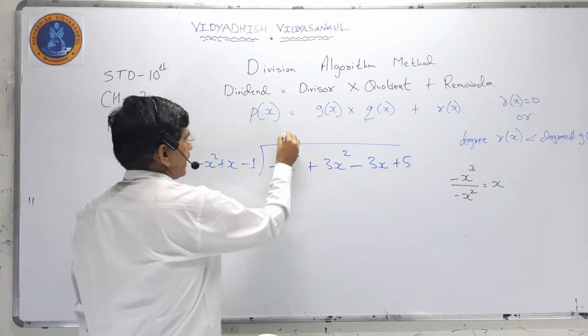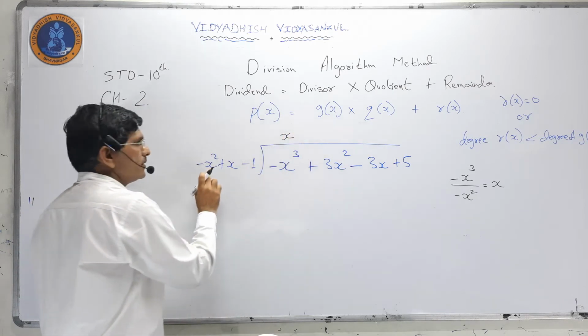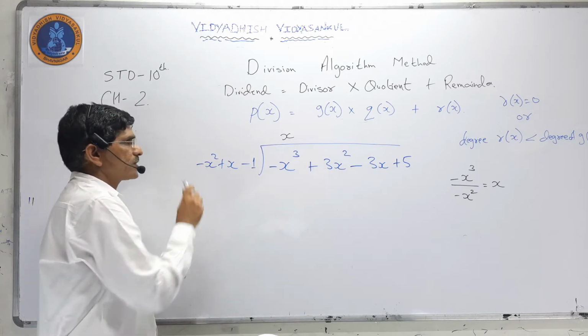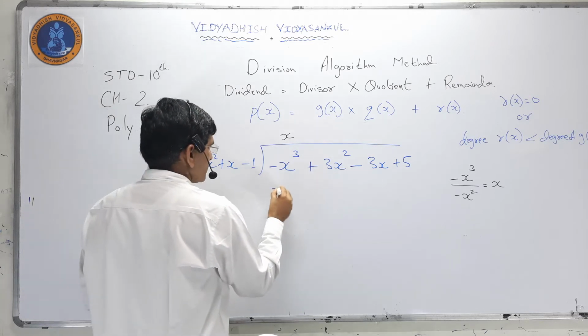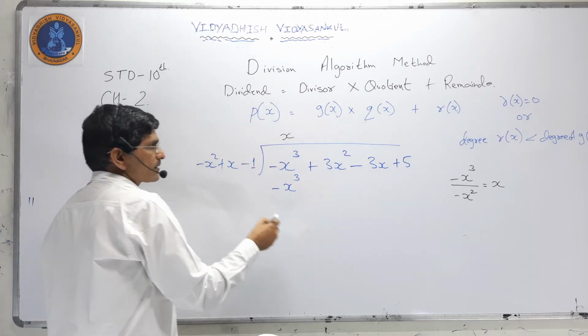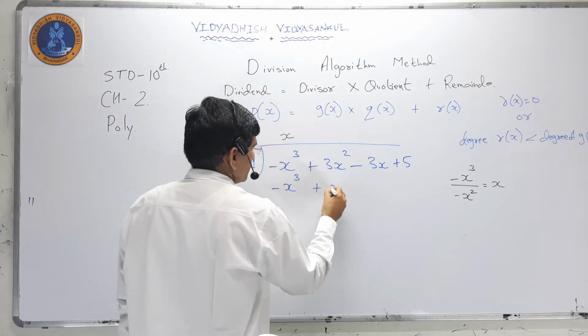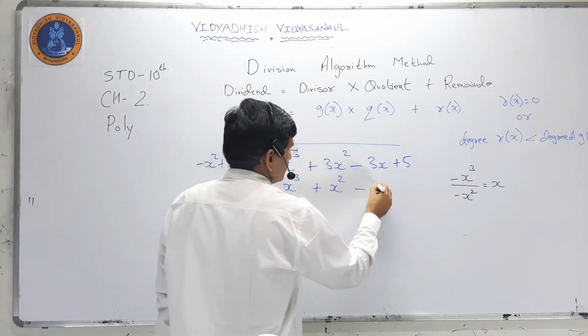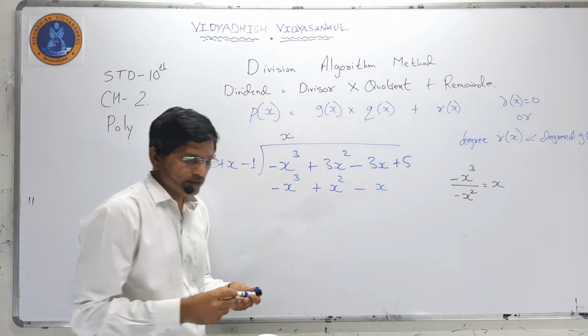So now I have to multiply this. So x multiplied by minus x square, that is minus x cube. X multiplied by x, that is x square. X multiplied by minus 1, that is minus x. Now what is the next step?